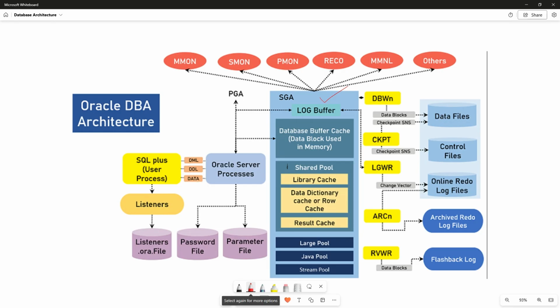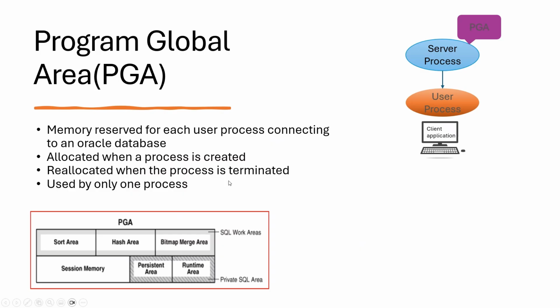Before we go into the background processes, we have another memory component called PGA, Program Global Area. So what is the PGA? This is memory reserved for each user process connecting to an Oracle database instance, allocated when the process is created and deallocated when the process is terminated. It is used by only one process.